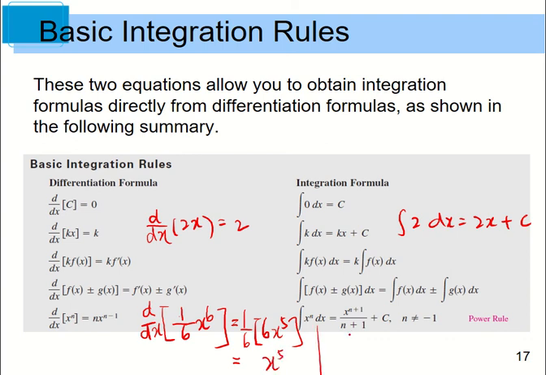Now, if we integrate x to the power of 5, what do we do? First, we add back the power, 5 plus 1. So we add the power first, then divide by the new power, which is 6, plus c. So you can see here we have x to the power of 6 over 6. Remember, we add the power first, and only then do we divide.